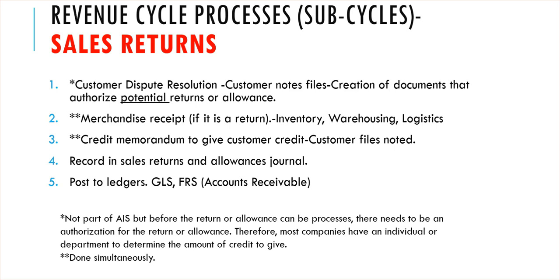Also, going back to Peter, our internal controls, you would have some policies and procedures in place that say when a customer can return merchandise. You wouldn't want to accept merchandise that was 3 years old, because then you probably would not be able to sell it. You would not be able to put it back on the floor so that a customer might buy it.